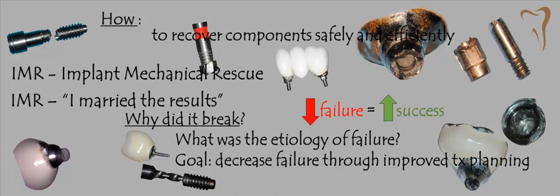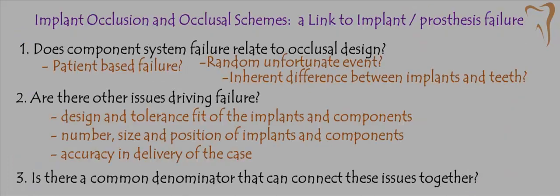So when I first started preparing for this, I thought of three basic questions. The first question, of course, was, does component system failure relate to occlusal design? And, or is it really based upon a patient-based failure? In other words, not all patients are the same, and some seem to break everything, like Dr. Chi just showed.